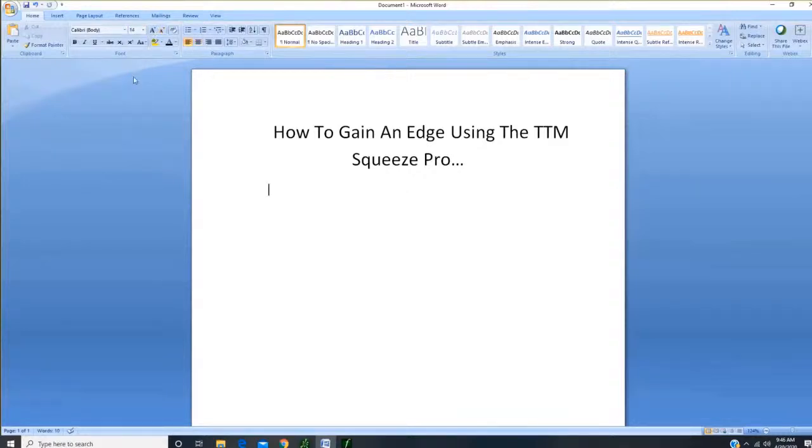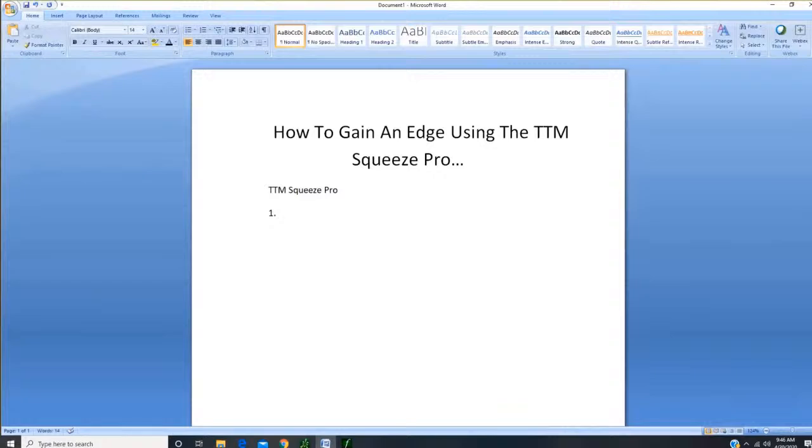So when it comes to the TTM Squeeze Pro, what I am going to share with you, we can apply it to the TTM Squeeze, but it's really going to be more effective with the TTM Squeeze Pro. Here we go. You guys know the TTM Squeeze Pro has different compression zones, right?